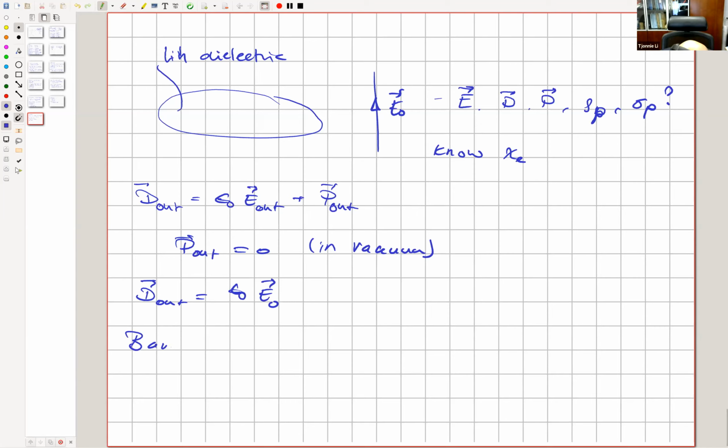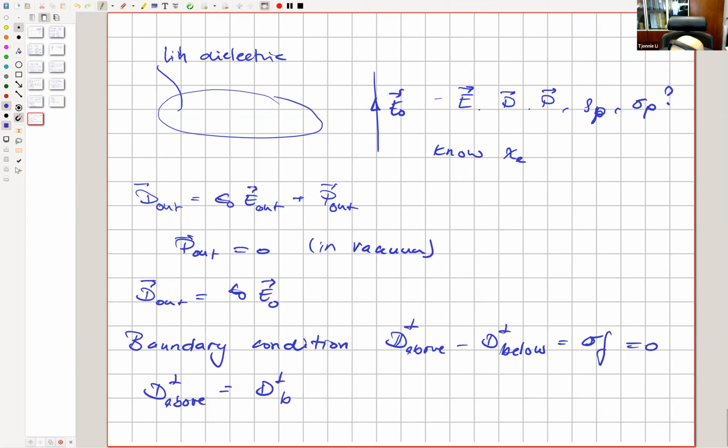So from the boundary condition, D perpendicular above minus D perpendicular below equals the free surface charge, which equals 0. So D perpendicular above equals D perpendicular below. What do I know about the displacement field?